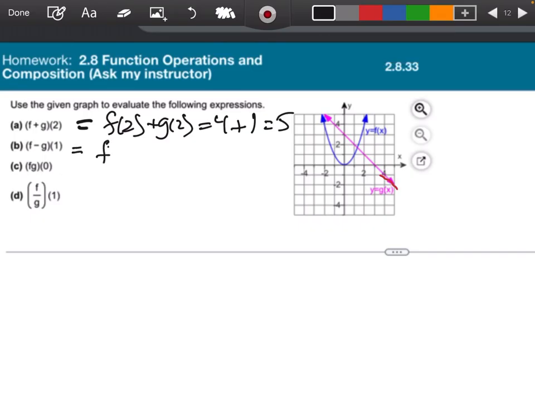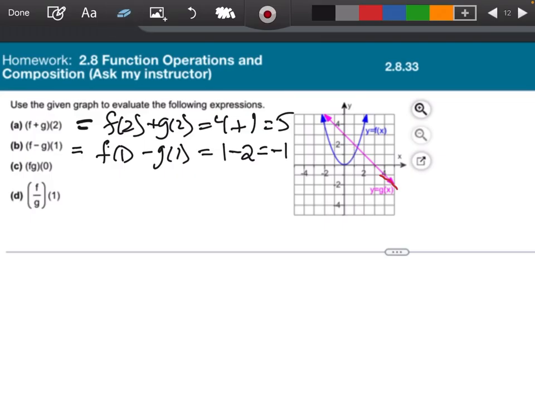And let's do part B. So look, y'all, part B, I'm going to find f of 1, and we're going to subtract g of 1. So here I am at 1. If I go up to hit my function f, we only had to go up one spot. To hit my function g, it looks like we got to go up 2 spots. So 1 minus 2, negative 1, right?